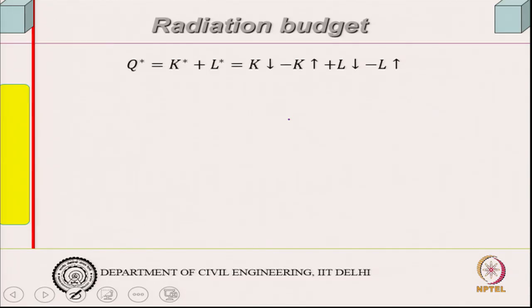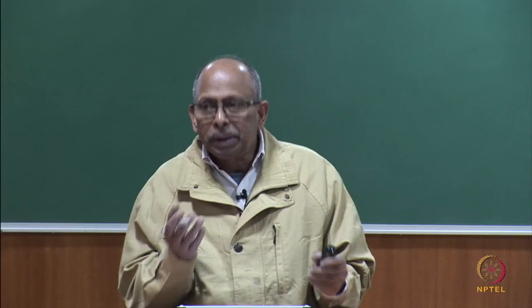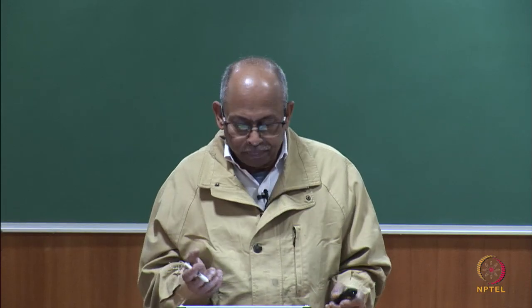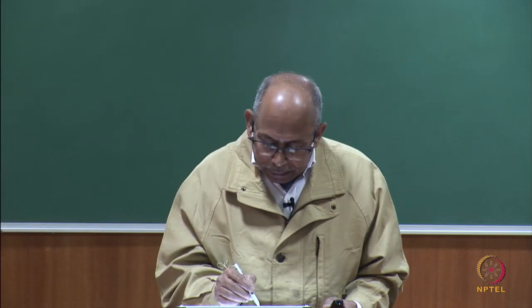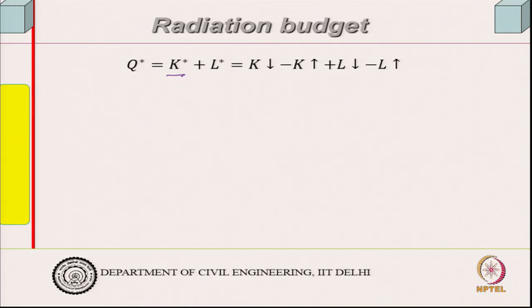Now, the total radiation received on earth is net direct radiation, net short wave radiation and net long wave radiation.